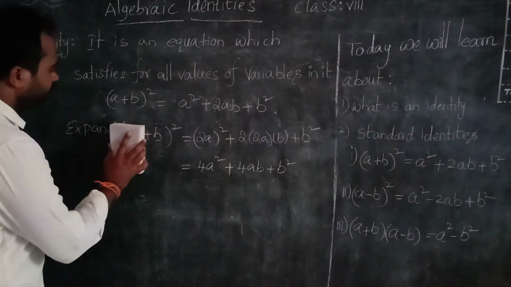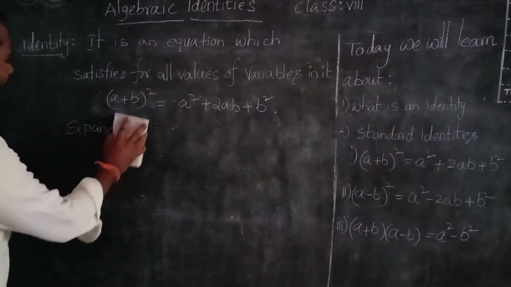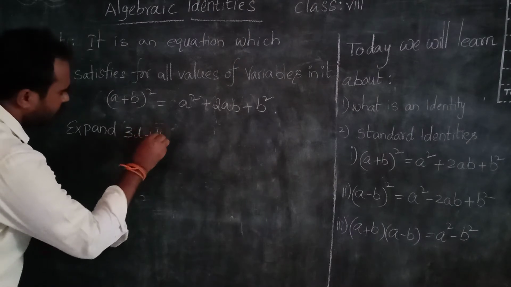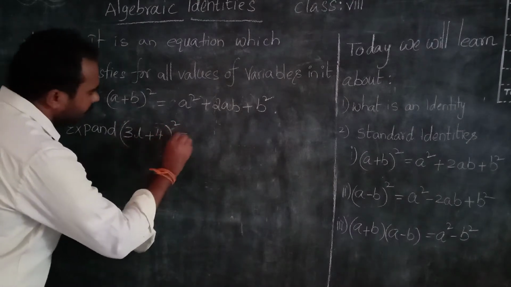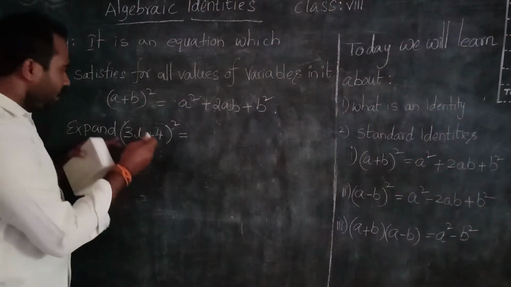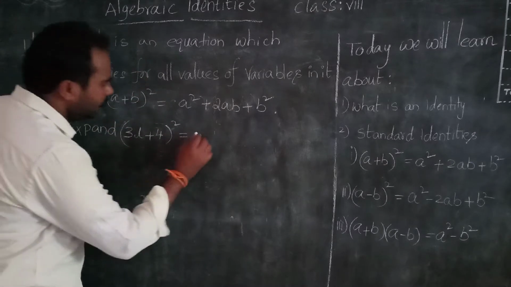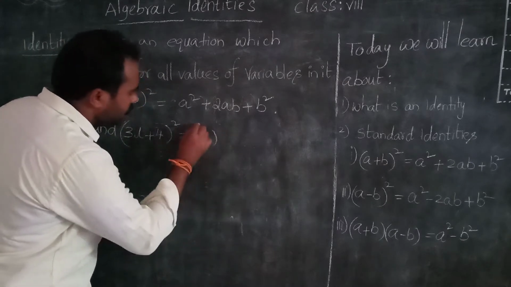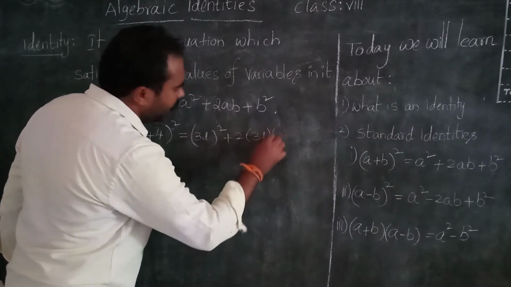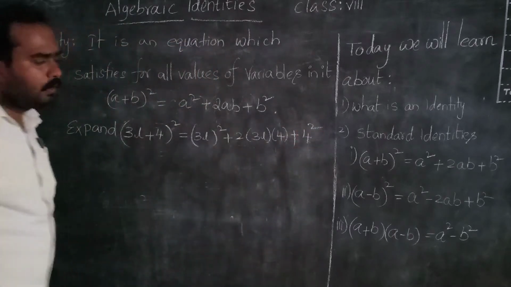Next problem. Take one more example: (3l plus 4) whole square. Again it is in the form of (a plus b) whole square. So here a is equal to 3l, b is equal to 4. So (3l) whole square plus 2 into 3l into 4 plus 4 square.